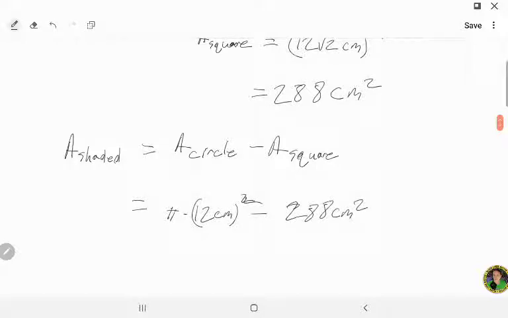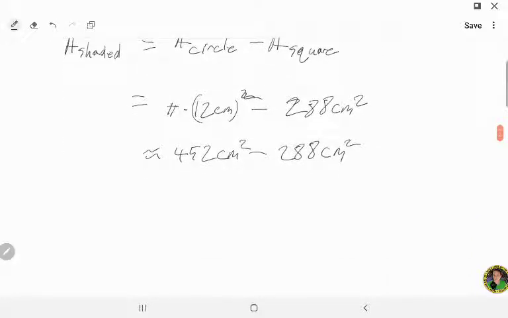And so that's going to be pi times 144, which gives us approximately 452 square centimeters minus 288 square centimeters.